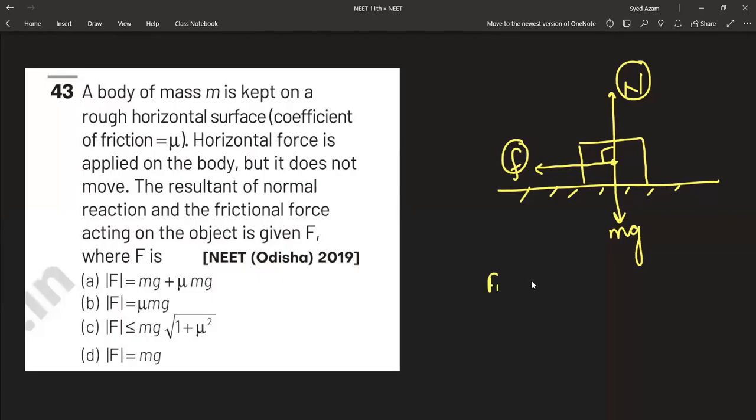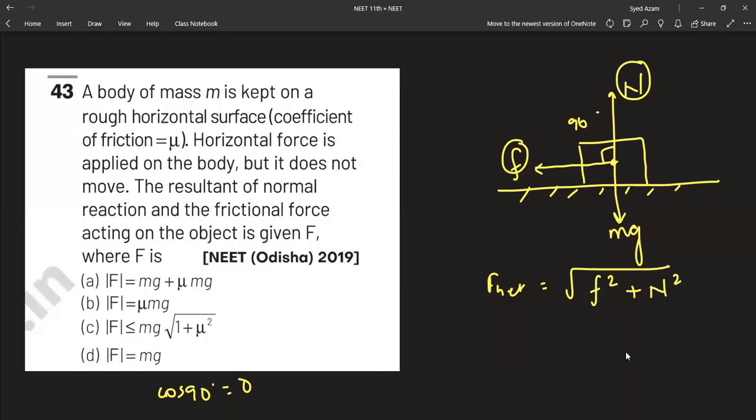Your net force will be equal to under root of frictional force square plus normal reaction whole square. Why are we taking this? Because cos 90 degree is 0, right? Cos 90 degree is 0. So even if you're expanding it, under root a square plus b square plus 2ab cos theta, theta is simply 90 degree, right? So cos 90 is 0.